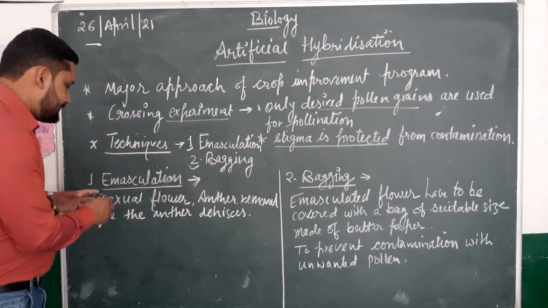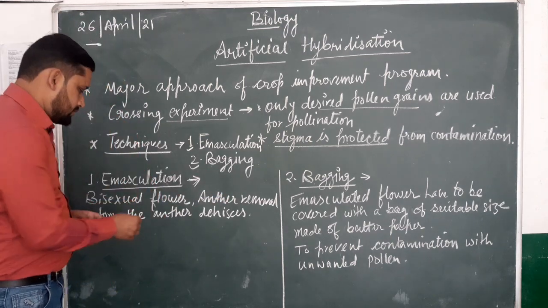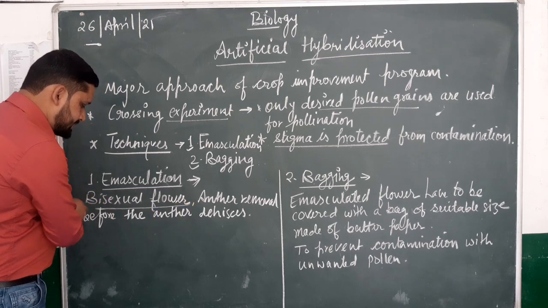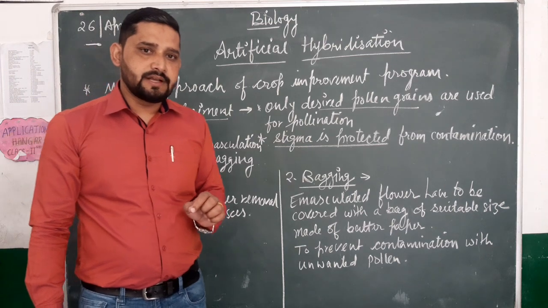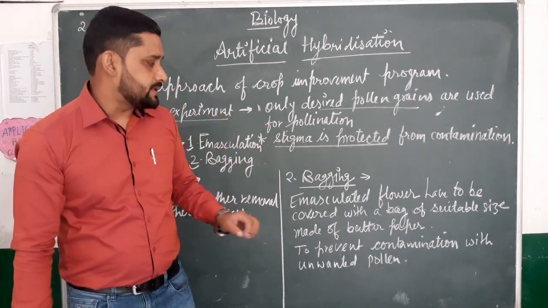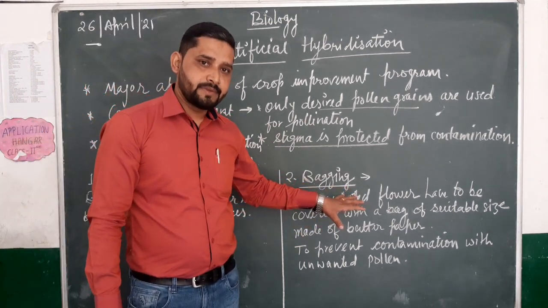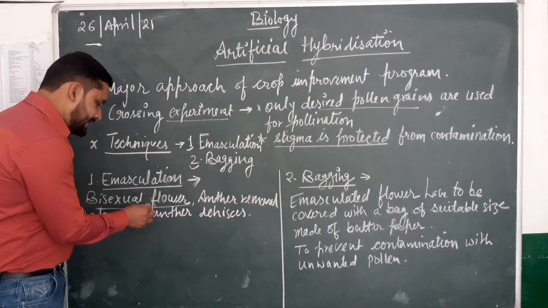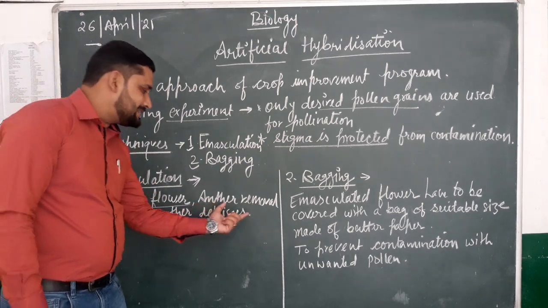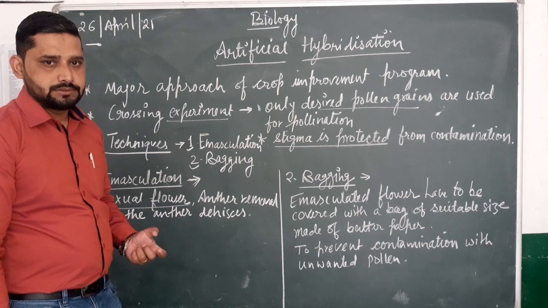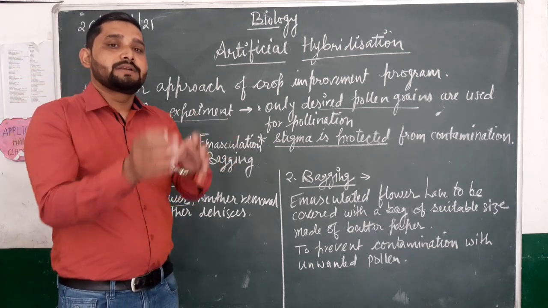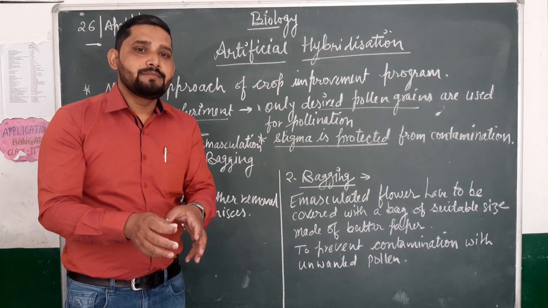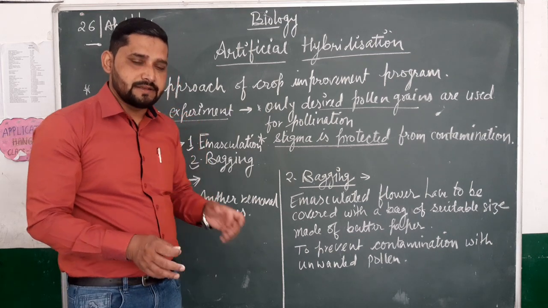Now when we talk about emasculation, it is only limited to bisexual flowers. याद रखिएगा, यूनिसेक्सुअल फ्लावर में इमेस्कुलेशन की जरूरत नहीं पड़ती, only bagging will be done, right? But when we talk about the bisexual flower, the anther has to be removed, so that its pollens do not fall on the stigma of the same flower by any means, right?